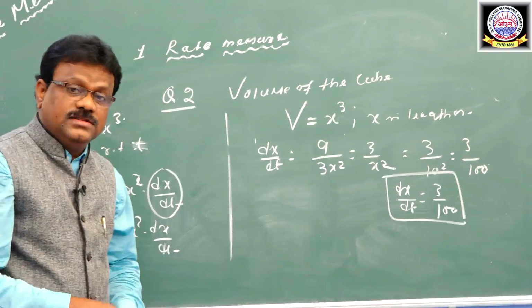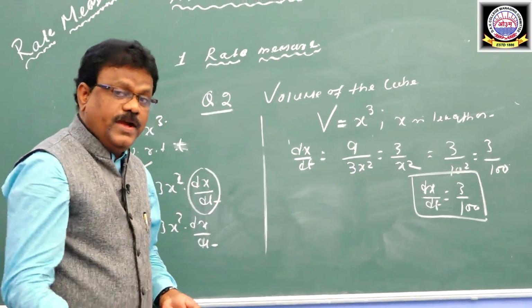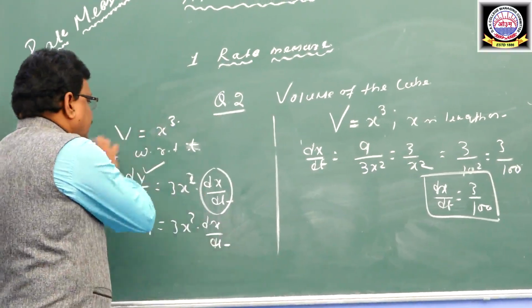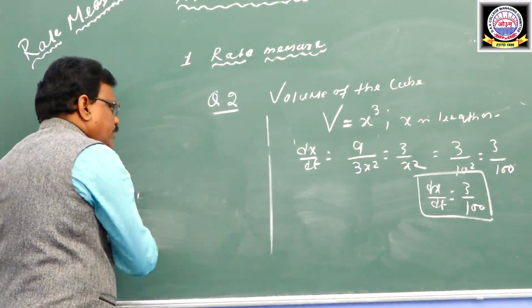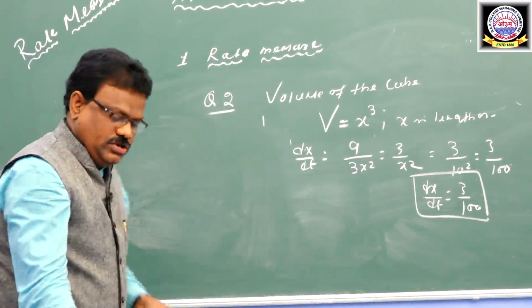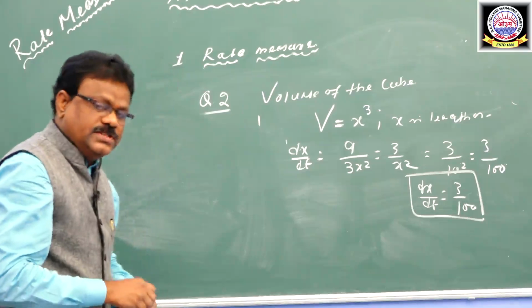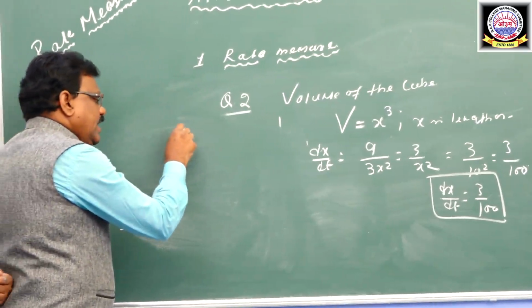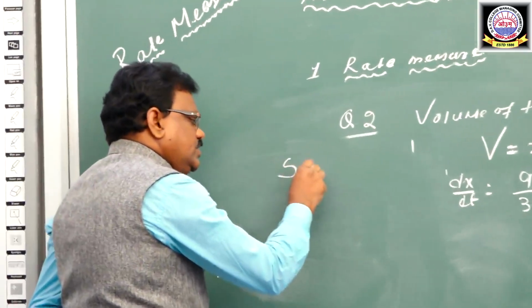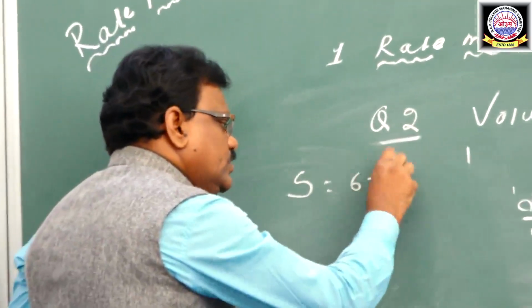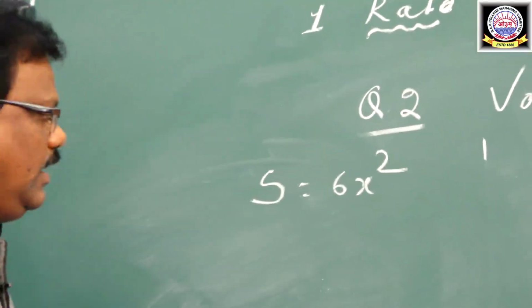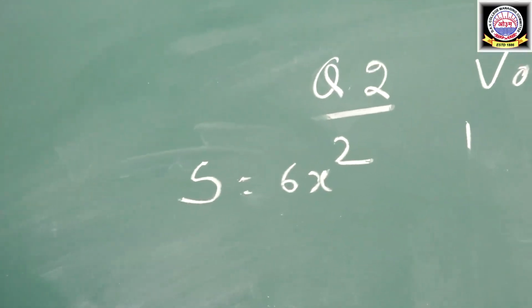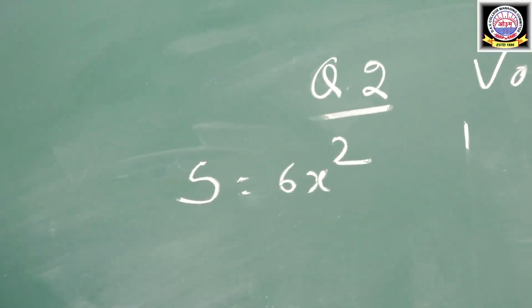But what is asked? It is asked to find the rate of change of its surface area. Surface area means total surface area. Surface area S is equal to 6x square, and we are going to find dS by dt.